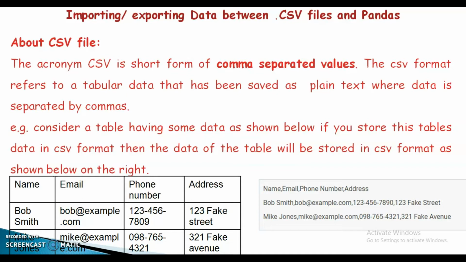Okay, then an example. Consider a table having some data as shown below. This is a table-like structure: name, email, phone number, address. We can see all the names, emails, phone numbers and addresses in this table. This is the tabular format. Then the data of the table will be stored in CSV format as shown on the right.